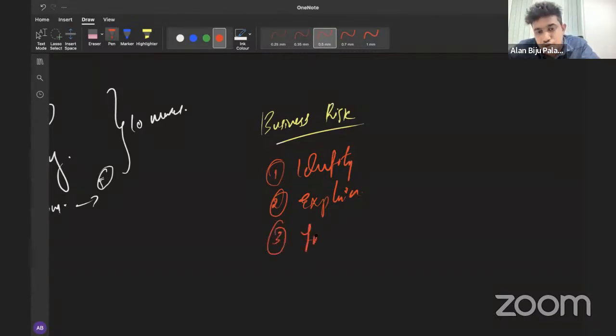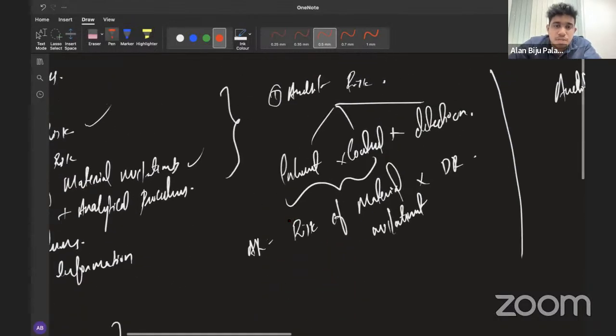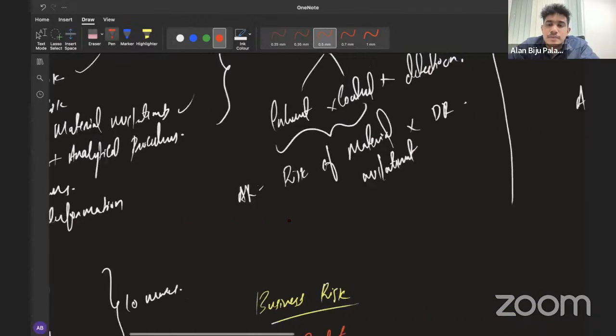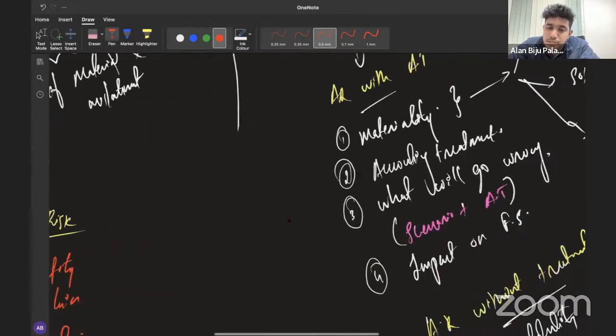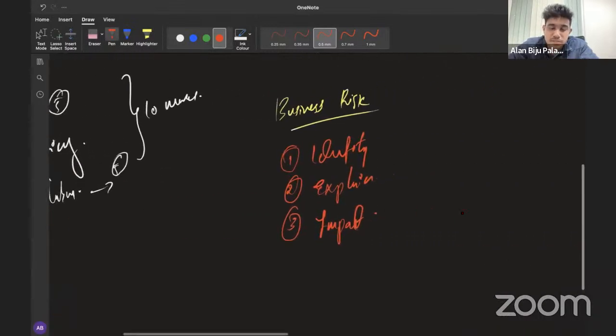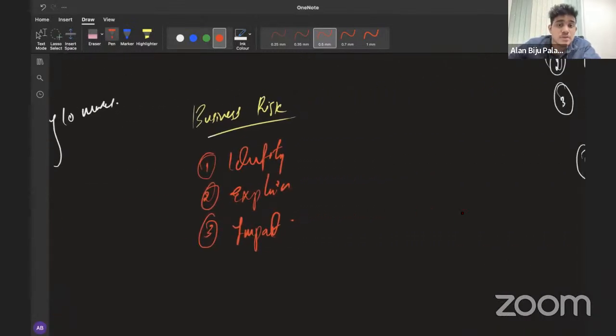And finally, you have to show the impact. Last day we studied audit risk, and while writing answers for audit risk, we must always show the impact on the company's FS. But when it comes to business risk, instead of showing impact on the company's FS, we will be showing the impact on the company's objectives.